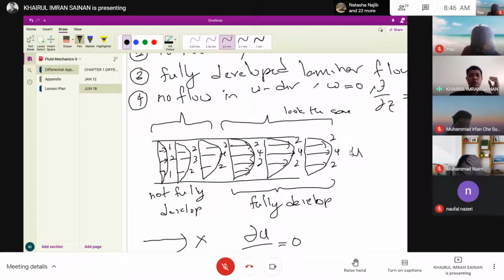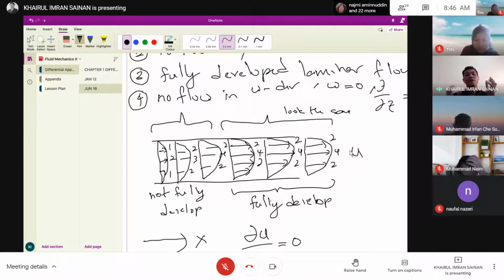So the velocity is perhaps 1 meter per second at the top, 2 and 1. For the next velocity profile it is 2, 3 and 2. And after that, next becomes 2, 4, 2, for example. So for this region, we call this not fully developed flow, right? Because the profile is still changing. So that one is not fully developed.